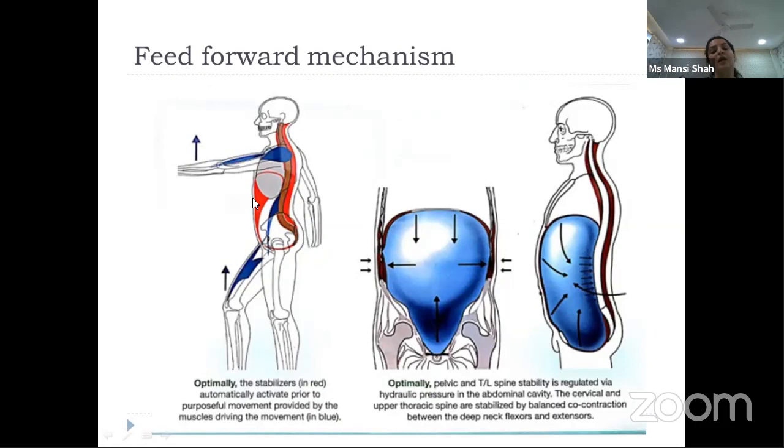Hence, a lot of EMG studies have been done on this, and they've seen the firing pattern being altered whenever we have an injury, whether it is our shoulder or our knee. The sequence in which the muscles fire is also altered. Hence, it is very important that we emphasize to our patients that I know it is not related to your shoulder directly, but believe us, there's a science and you need to perform these exercises.